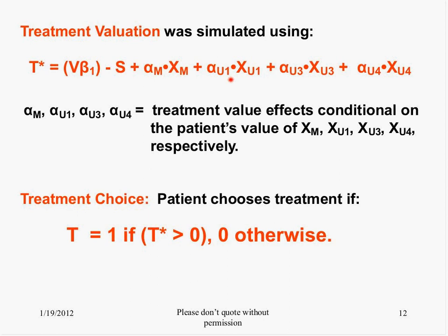That's a very specific scenario that your theory would have to match. You'd have to tell a story that XU1 affects half the doctor's offices one way, and the other half another way.